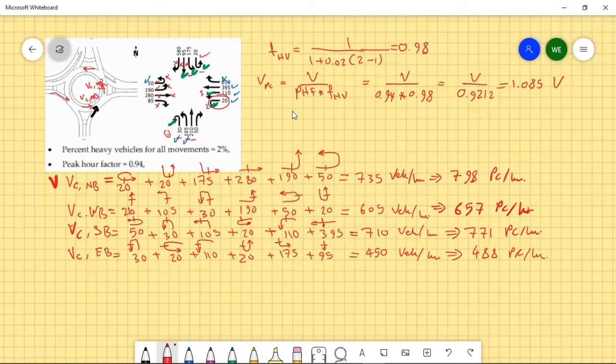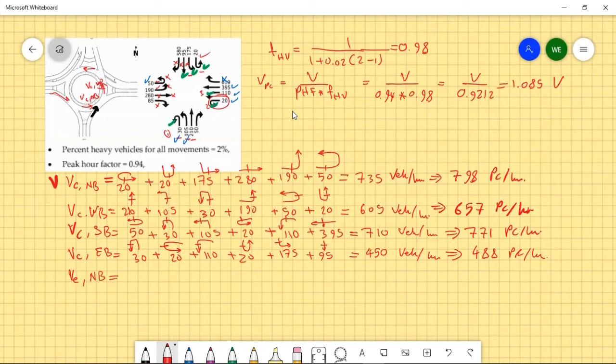Okay, so that was an example to see how we calculate the conflicting volume, or the circulating volume, and the entering volume.